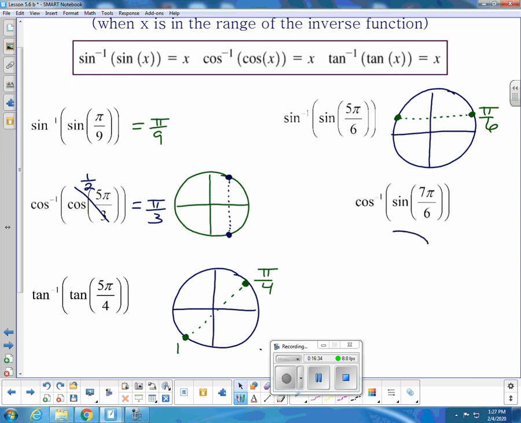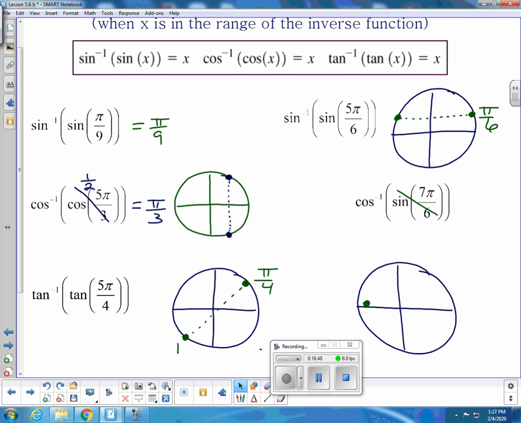This guy here, you have to just do the composite. What is the sine at 7 pi over 6? -1/2. Now we're saying, what angle has a cosine of -1/2?